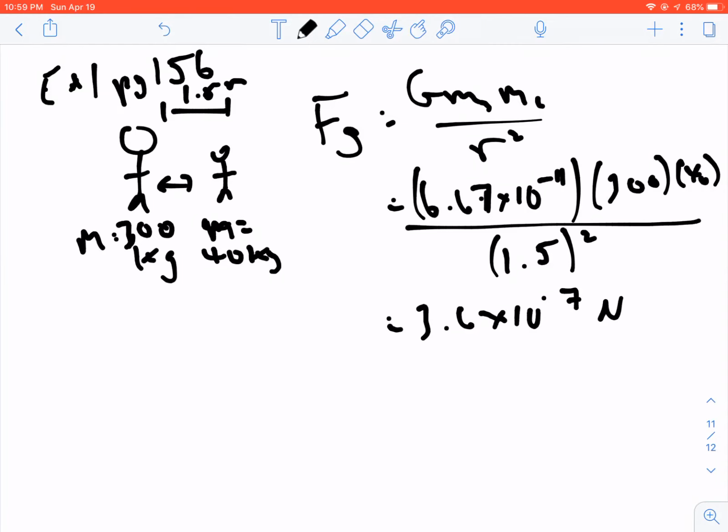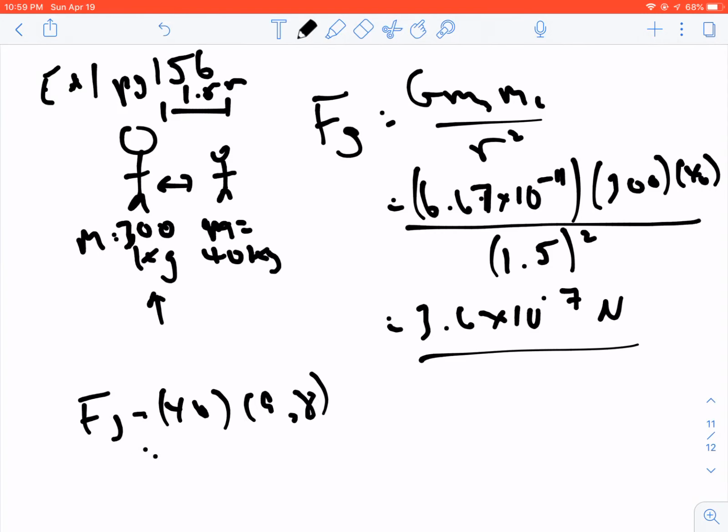Now, even though this is a massive person, recognize that this is a very small force. Again, recognize that the force that's pulling down on that 40 kilogram person is 40 times 9.8, which is about 400 newtons.